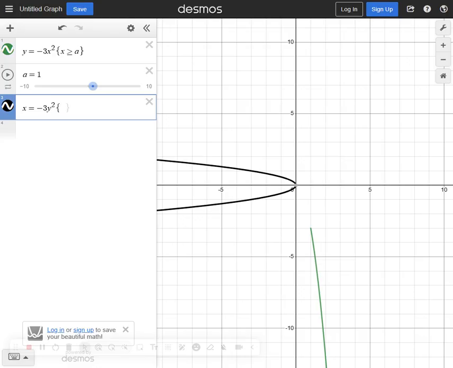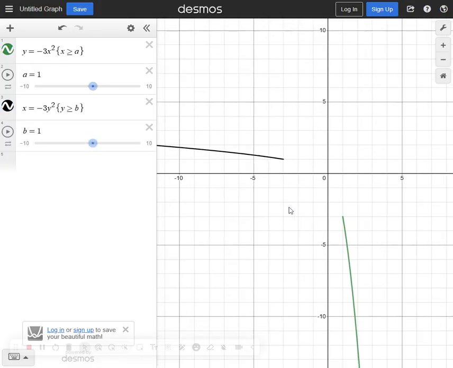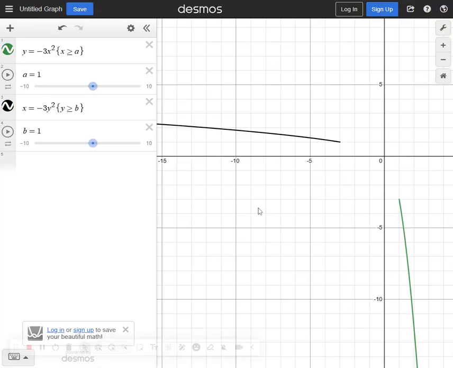Slider y greater than or equal to b. Alright, look at that. This is how it should look.